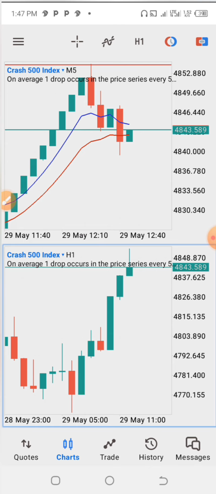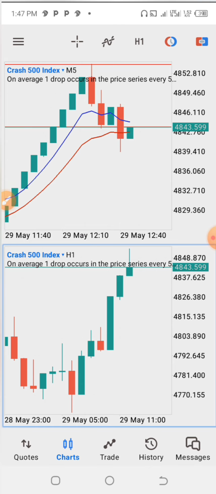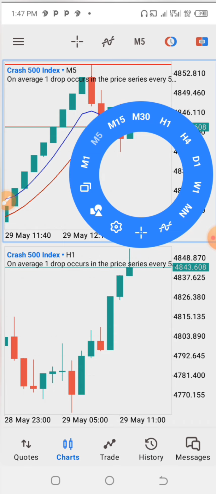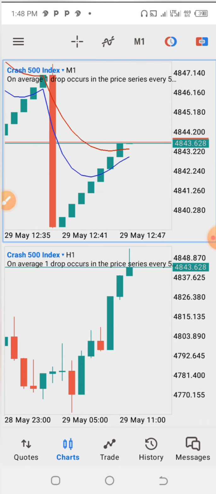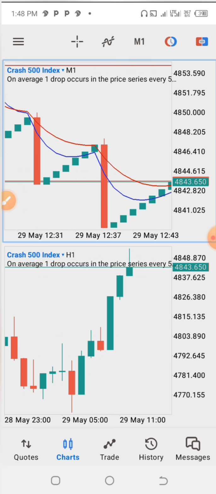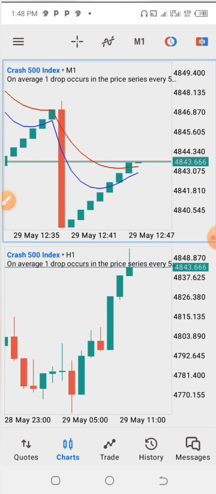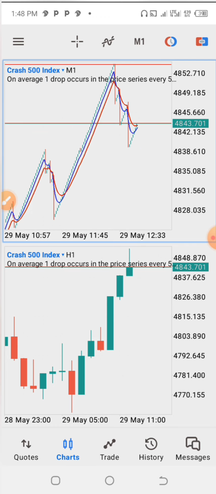Look at it. Once the market is moving in a direction, like now, when you want to see what is happening in your 1 hour time frame, you can come to your 1 minute time frame like this. It helps you to see how the market is going, so that you will not be deceived.